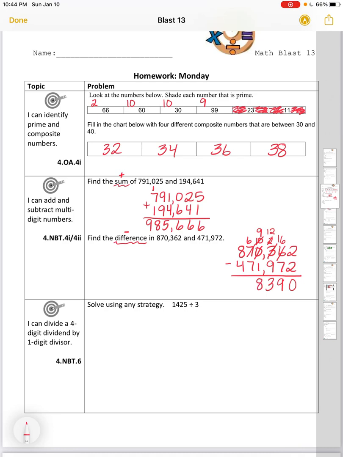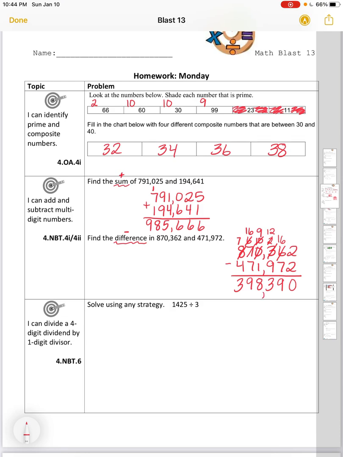In the 10 thousands place, I start with 6. I want to take 7 of those away. So I'm going to go over and I'm going to regroup. I'm going to take one of the 100,000s, leaving 7. The one that I'm going to take, I'm going to unbundle into 10 10,000s with the 6 that's already there, and that's why that's 16. 16 10,000s minus 7 10,000s is 9 10,000s, and 700,000s minus 400,000s is 300,000s.